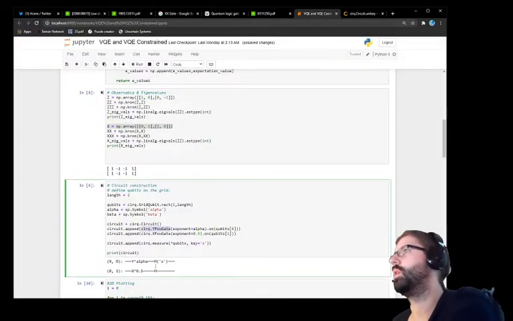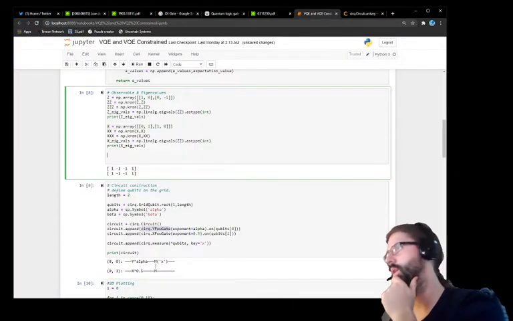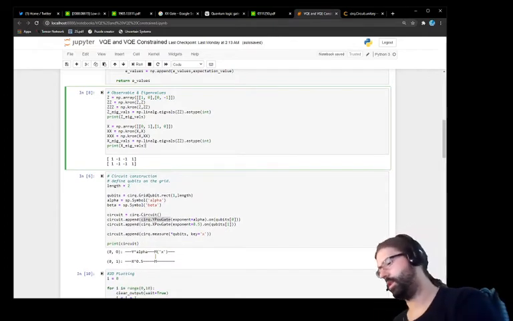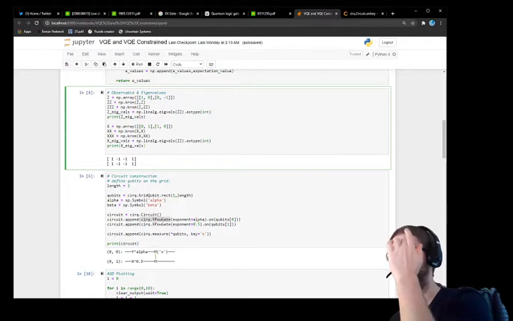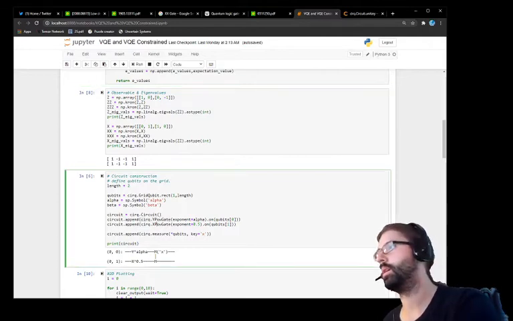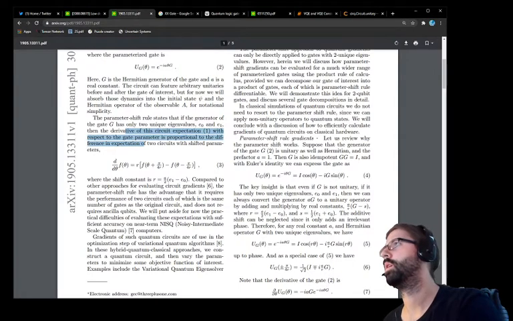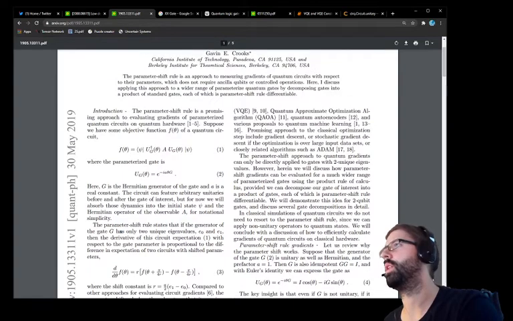It's not the observable, it's really the generator of the gate G, and that's the unitary.